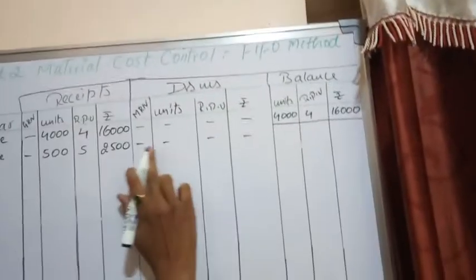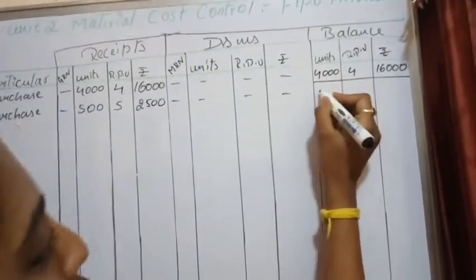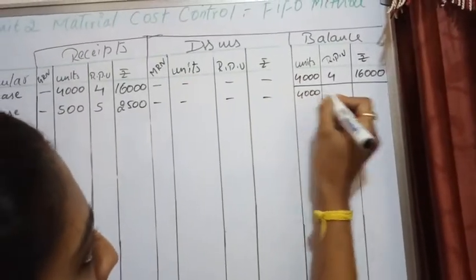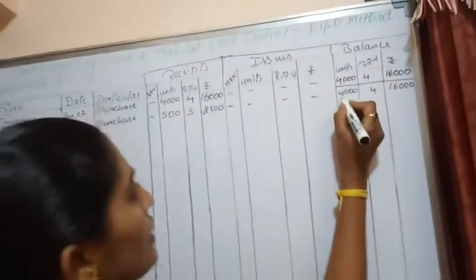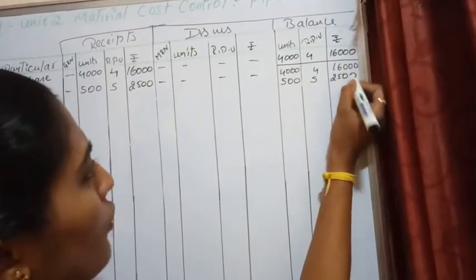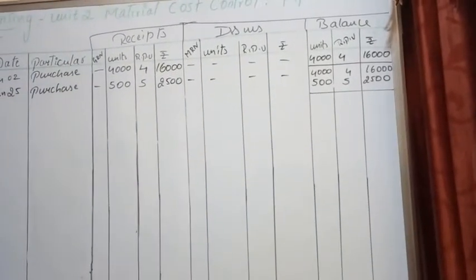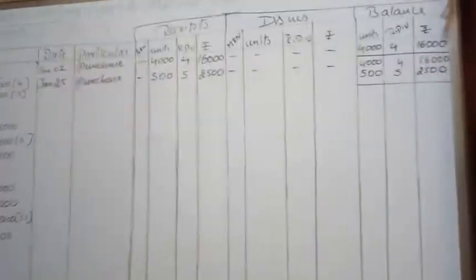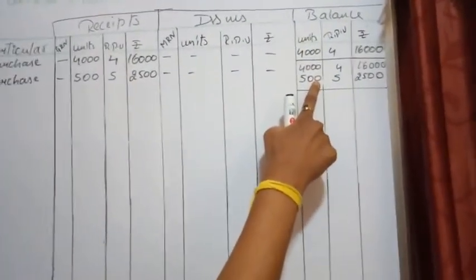I will show nil in the issue column because I have not done any issue. Now I have to carry forward the 4,000 as it is, and then record this 500 at 5, 2,500. I am showing it like this because it gives me clarity. This is the first lot of material and the second one is this.